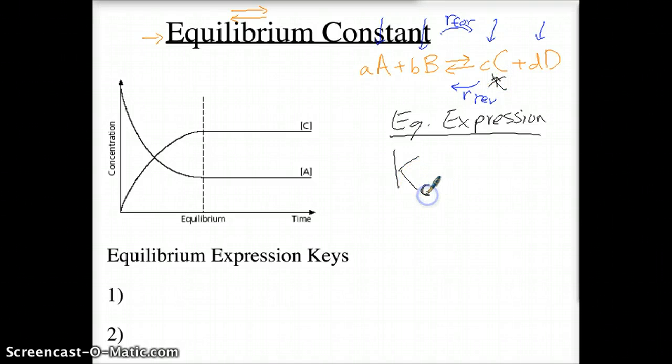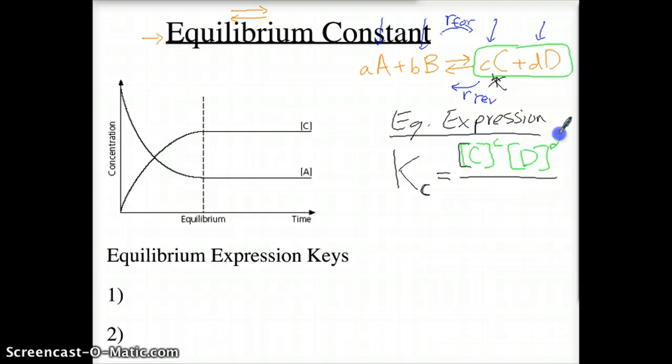It's just for the equilibrium constant in terms of concentration, and it is equal to the concentration of the products divided by the concentration of the reactants. So we're going to take our products and put them on top. So it's going to be the concentration of C to the power of c, which is the coefficient and also the exponent, times the concentration of D to the power of d, divided by our reactants.